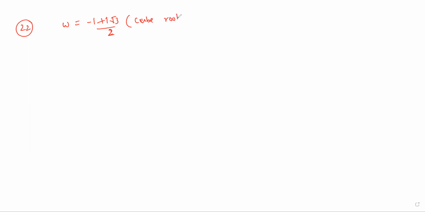Cube roots of unity. So for cube roots of unity, 1 plus omega plus omega square is 0, and omega cube is equal to 1. If you send 1 and omega square that side, what will you get? Omega is equal to minus 1 minus omega square.